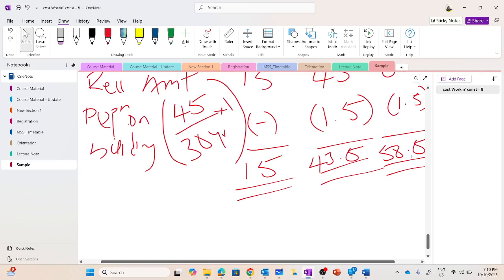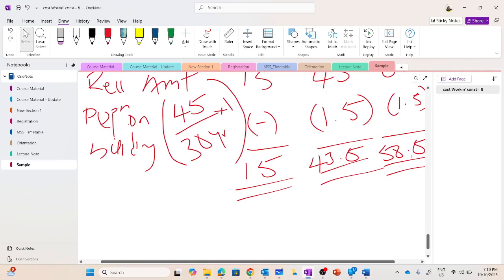So now this excess depreciation, we are going to debit the revaluation reserve by 0.9, and we are going to credit the retained earnings by 0.9. So this is how you need to solve this particular question.